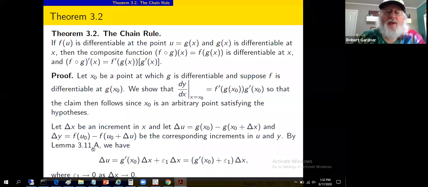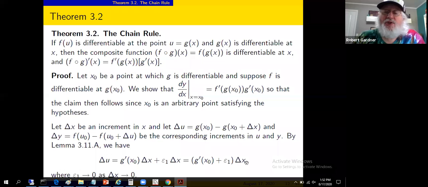By lemma 3.11.a, we have the change in u can be written in the form g prime of x sub 0 delta x plus epsilon 1 delta x. That's exactly what we had from lemma 3.11.a, except applied to the g function instead of an f function. We can factor that delta x out if you like. And we had from the lemma that epsilon 1 approaches 0 as delta x approaches 0.